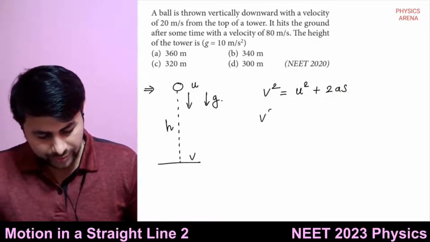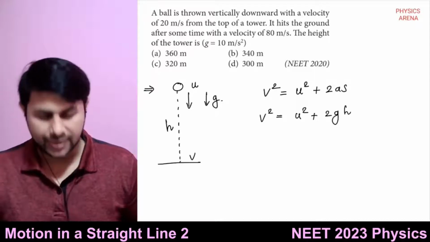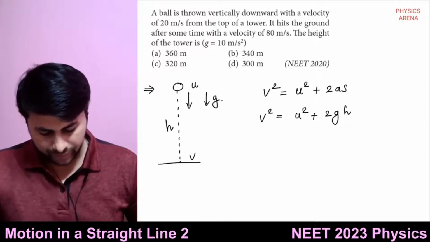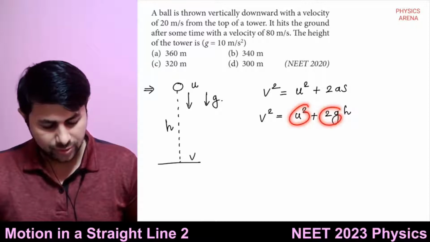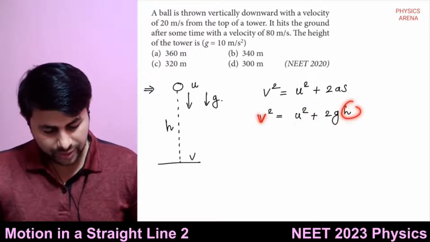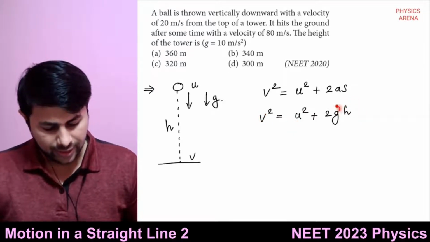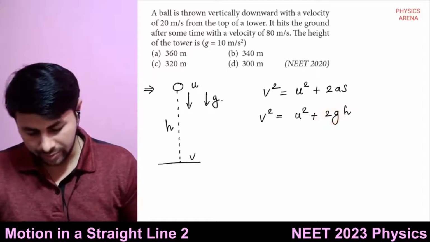So v square equals u square plus 2gh is what we get. Then we take u square and 2g on the other side, so h is equal to v square minus u square, and 2g goes into the denominator.